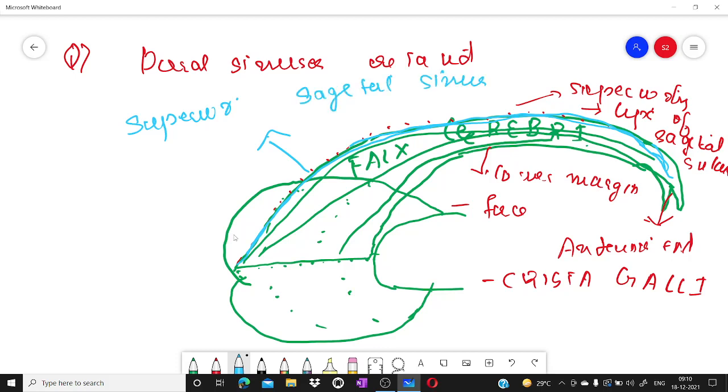Along the inferior border, we can see another dural venous sinus, the inferior sagittal sinus.